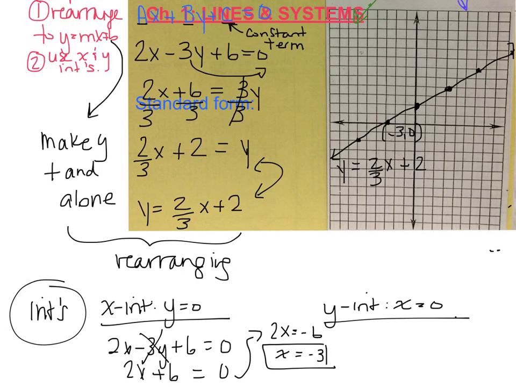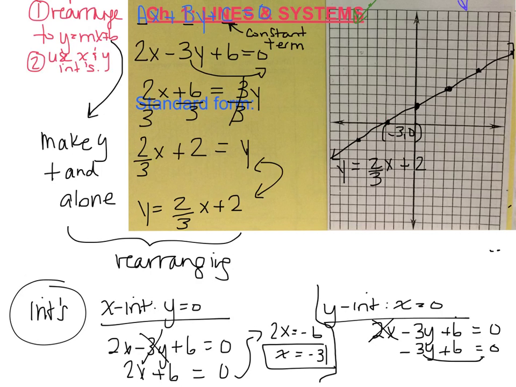For the y-intercept, we can do the exact same thing, but this time we're going to make x = 0. So 2x - 3y + 6 = 0. If x is equal to 0, that means this whole term is 0. So it disappears. We can take a shortcut again and just cross it out. That means we're left with -3y + 6 = 0. Now to solve for y, we want to make sure y is positive.